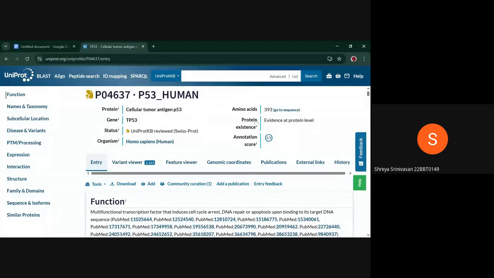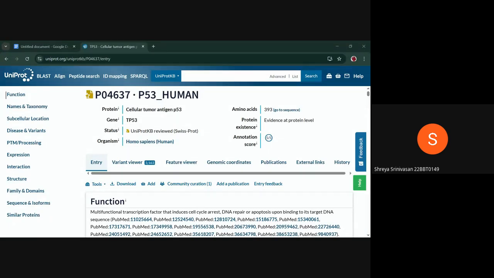Now, can anybody tell me what this protein existence means and what this annotation score means? Anyone, guys, if you remember from the previous class what I mentioned? If you don't remember, it's fine, you can just give me a thumbs down and I can walk you through that again.